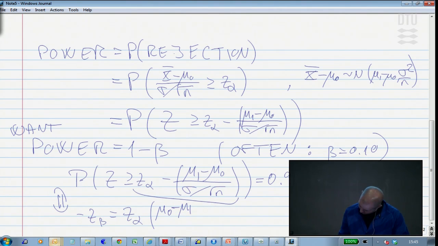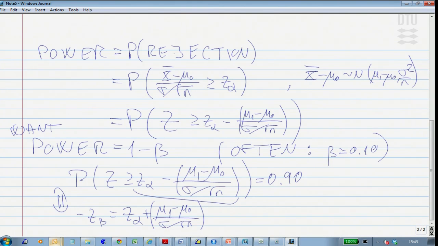I believe it doesn't matter finally, because it's going to be squared. So I'm a bit in doubt about the sign thing here. So let me just say mu1 minus mu0 divided by sigma over root n. This one is going to be, I should have the plus there. And then finally, maybe it should be mu0 minus mu1 actually. The thing is, I'll finish here, it's a bit messy at the end.